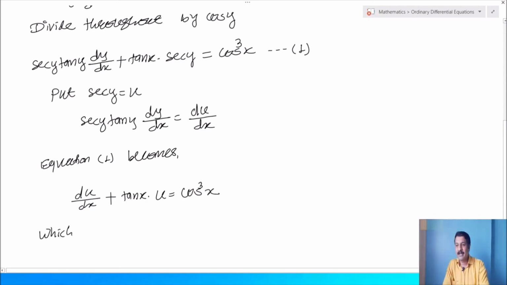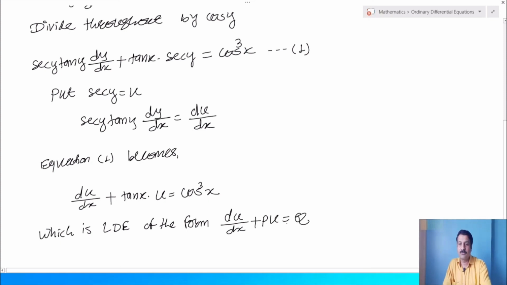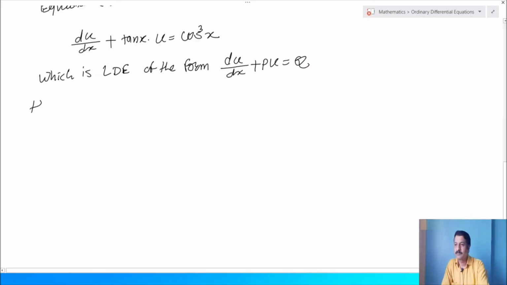So I can write here, which is a linear differential equation of the form du by dx plus p into u equal to q. If we compare these two, what is the value of p? So here p equal to tan x. What about q? Q equal to cos cube x.